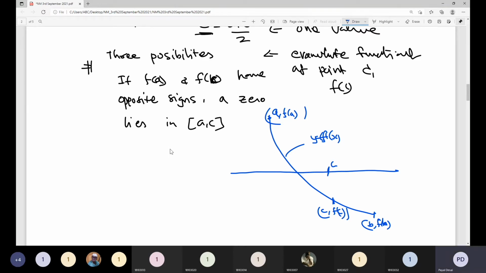Now if a and c has opposite sign, then of course this is your a, this was your b earlier. Then we have to squeeze the interval from right. So which value do I have to take as the second point bracketed, it is obvious that the 0 lies in A and C. आपका जो 0 है A और C के बीच में होगा.